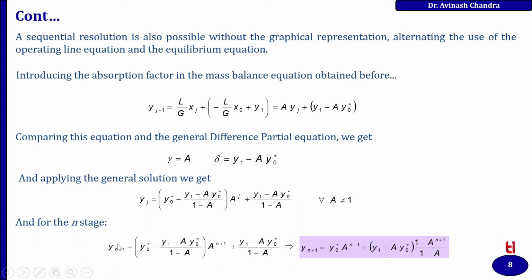So for n stages, y(n+1) can be obtained as (y0 star minus y1 minus A y0 star) upon (1 minus A) multiplied by A^(n+1) plus (y1 minus A y0 star) upon (1 minus A), and simplifying this we obtain the equation for the concentration at the nth stage.